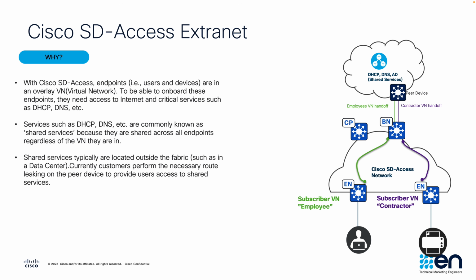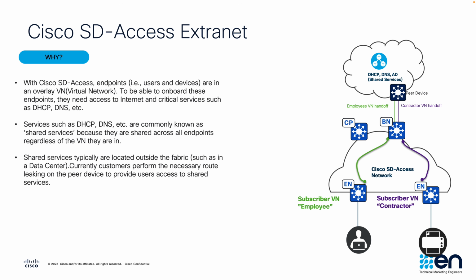However, some clients prefer to circumvent the investment, configuration, and upkeep associated with the fusion and a peer device. So the inception of the SD-Access Extranet feature directly addresses this issue, serving as a solution that enables hosts to attain essential services like internet and shared service access.